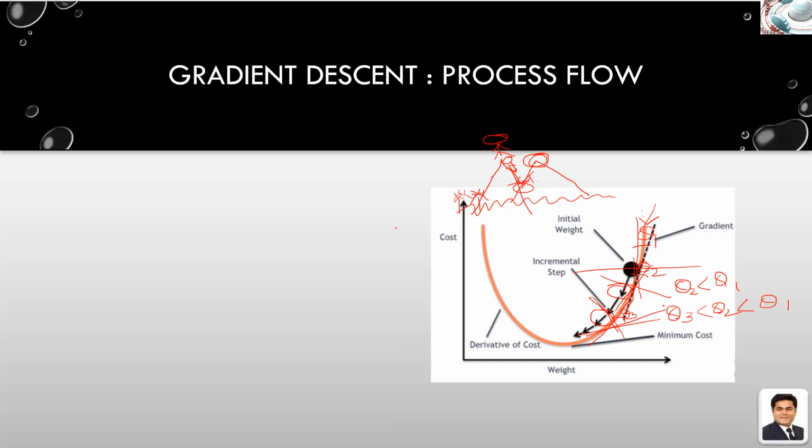And once the gradient is basically 0, when it is here, the gradient follows the x-axis. If this is the gradient theta n, then theta n is less than theta 3, theta 2, theta 1, and theta n is basically 0.